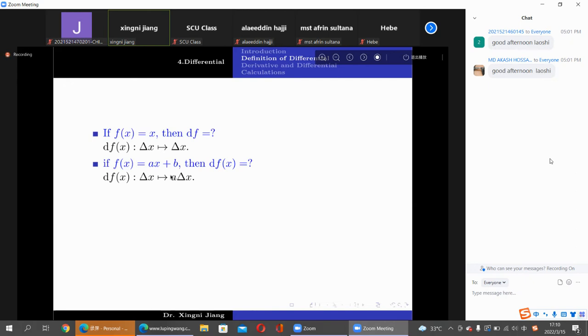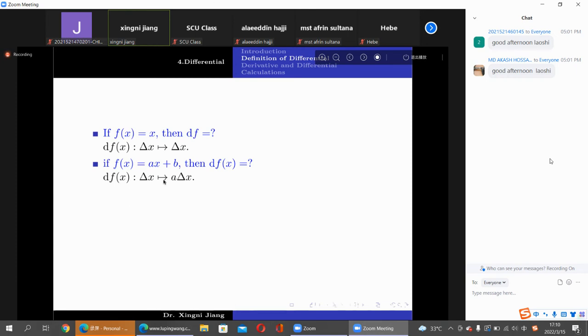You do the calculation by the definition, then you know this is from delta x to a multiplied with delta x. And so what we need is actually the main part of the increment, to be more precise, we need to know the constant A, the capital A in the previous slides.